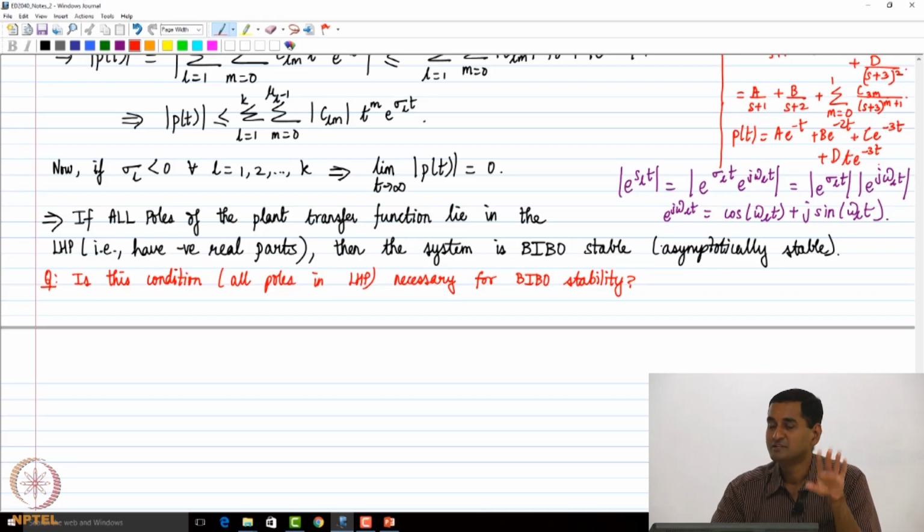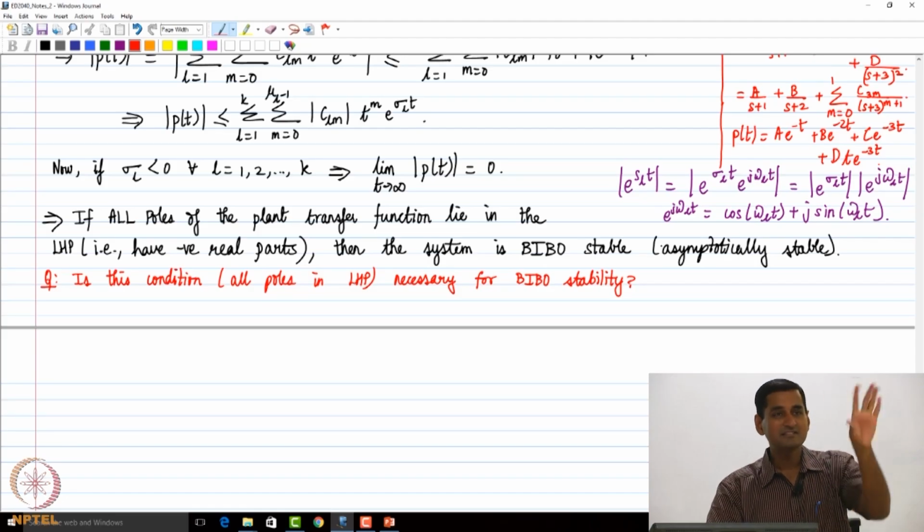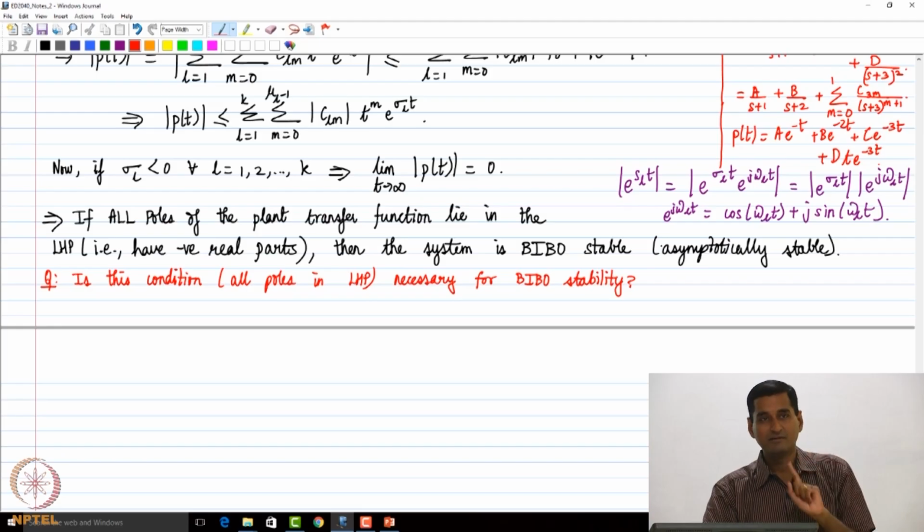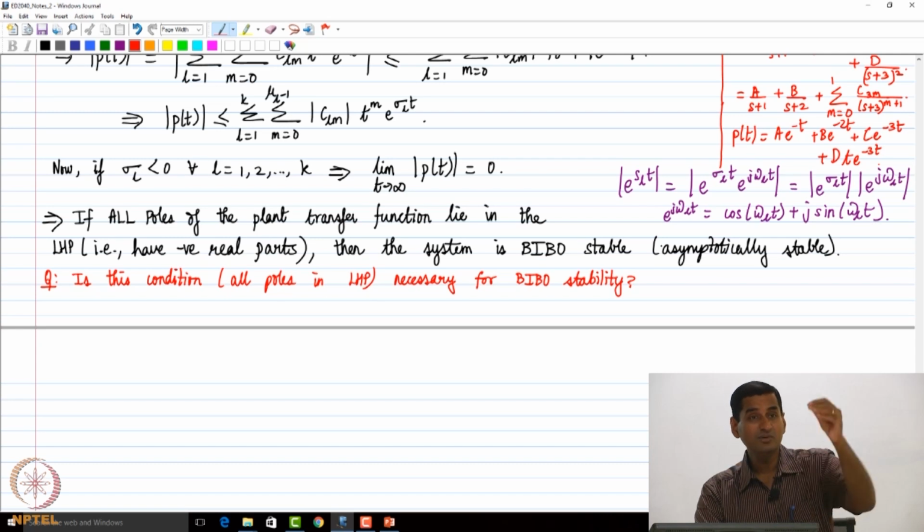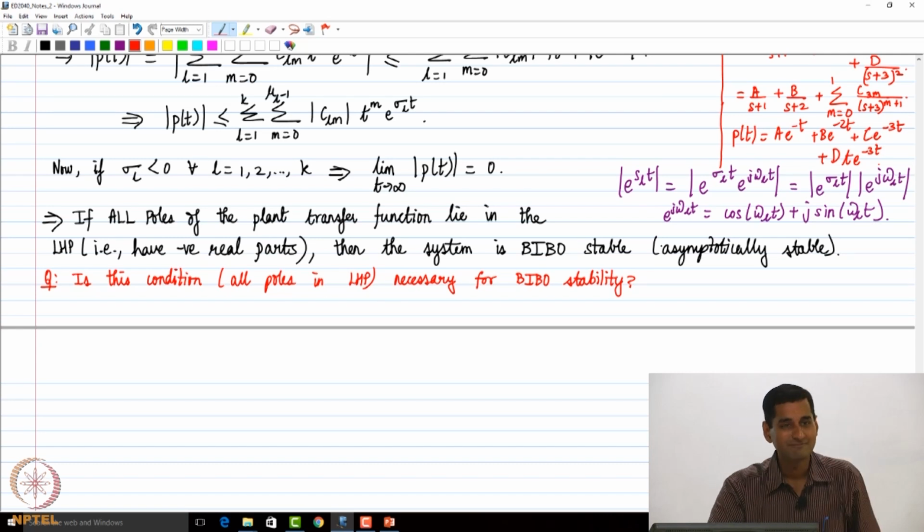To disprove BIBO stability, I need to figure out only one bounded input for which the output is unbounded. We have already shown it. Whether we call it critically stable, marginally stable, or whatever, we found that it violates the BIBO stability definition. If you have a pole in the right half plane, for any bounded input you give me, the output will be unbounded.